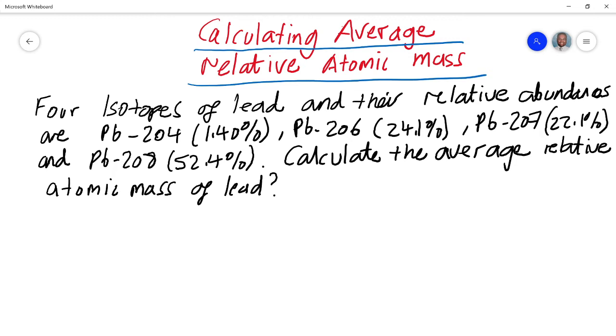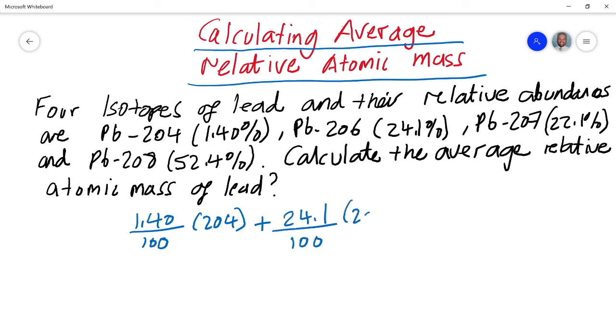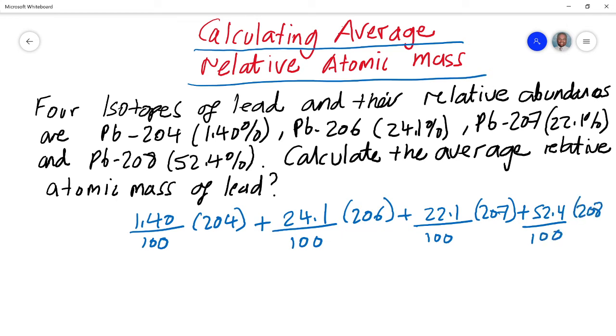What I would do here is I would say 1.40 divided by 100 multiplied by 204, plus 24.1 divided by 100 times 206, plus 22.1 over 100 times 207, plus 52.4 over 100 times 208.